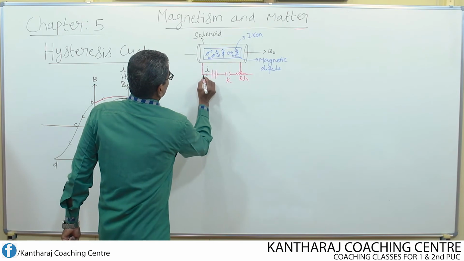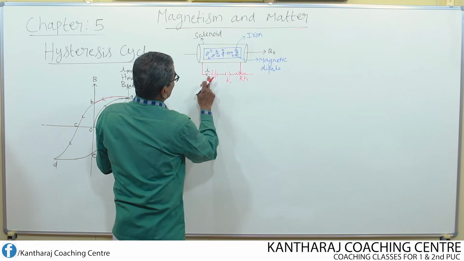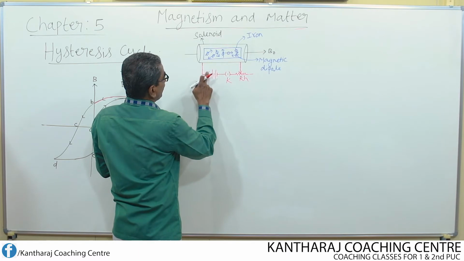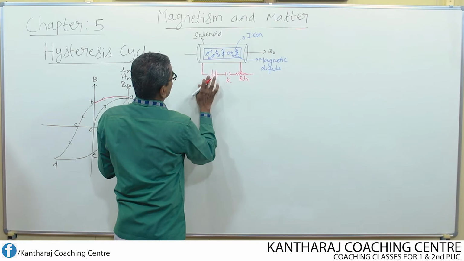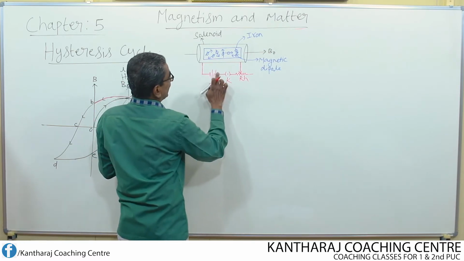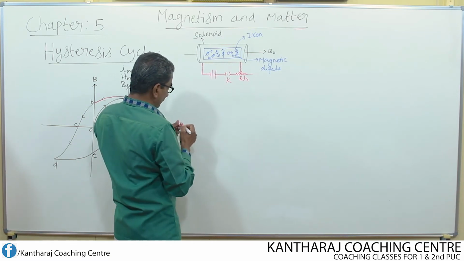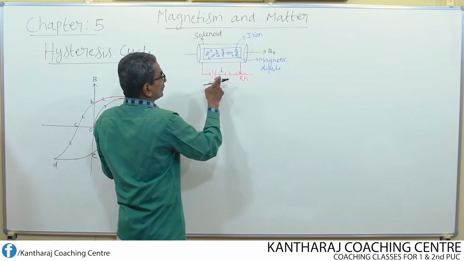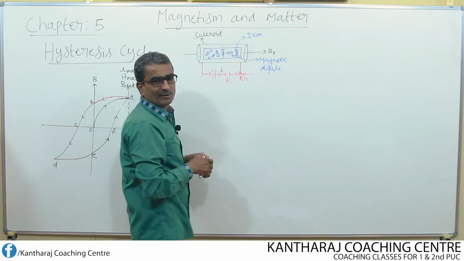That means connect this terminal of the solenoid to negative instead of connecting this one to positive, and connect the other terminal to positive. Now what happens? The direction of current now reverses. So this will be the direction of current. Now the current flows in which direction? Anti-clockwise direction. Initially it was flowing in clockwise direction.